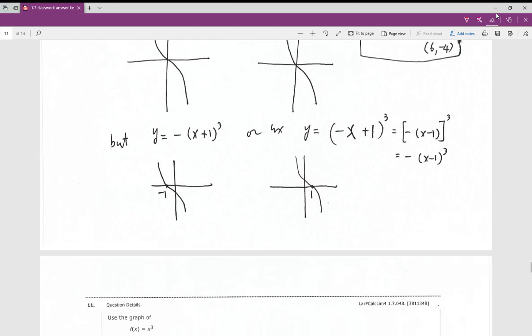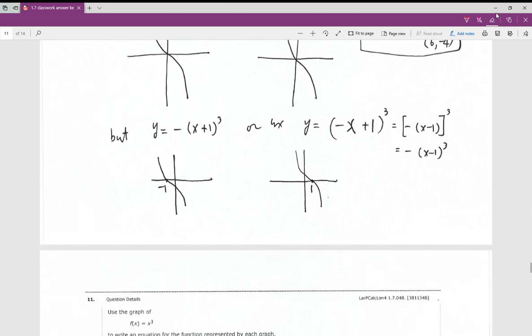Okay, one more thing you want to pay attention to is that when you have a negative sign for the whole function, then the y value goes up and down, so reflect on the x-axis.